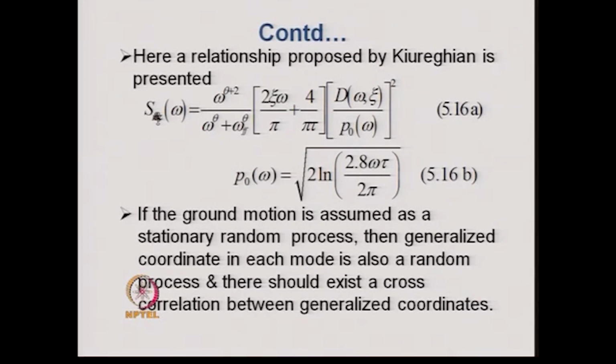So, if the duration of the earthquake is known, and the frequency omega, one can obtain a relationship between the displacement response spectrum for a given value of xi with the power spectral density function of the acceleration, which is Sx double dot g.